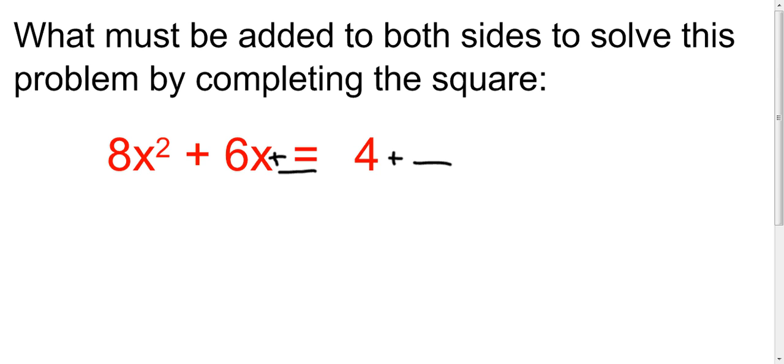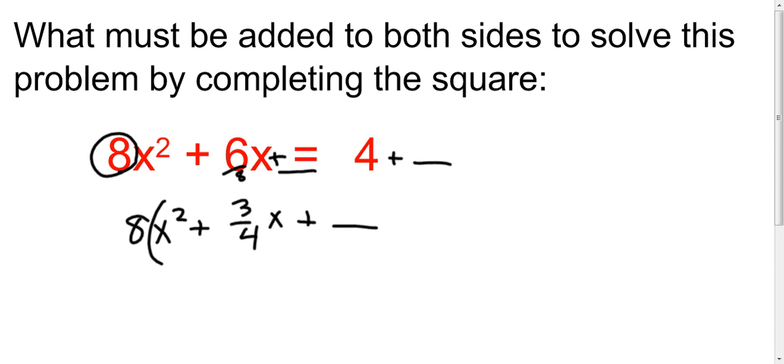And you figure out what number gets put in the blank by taking half of that middle number and then squaring it. But in this case, remember that if the 8 is here, you have to pull the 8 out first. So I would have 8 times x squared plus 6/8. If you divide that by 8, you have 6/8, which is 3/4, plus your blank equals 4 plus your blank, right?